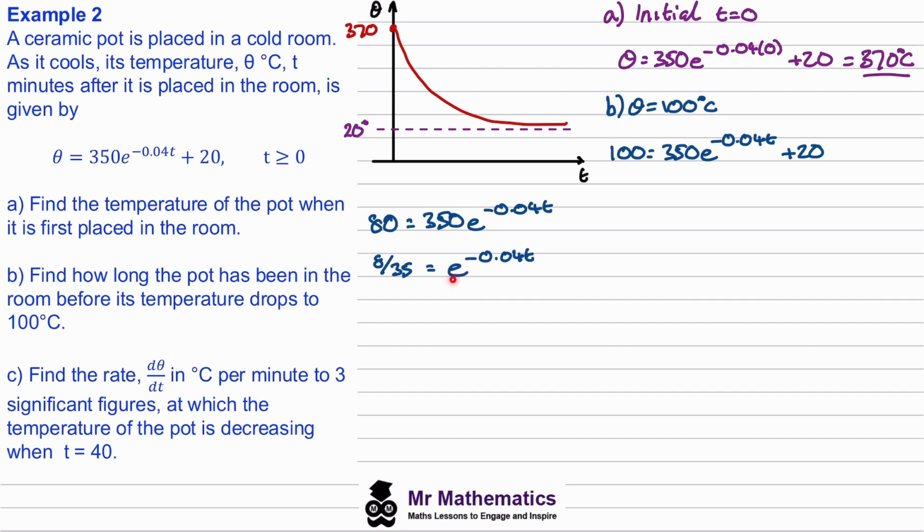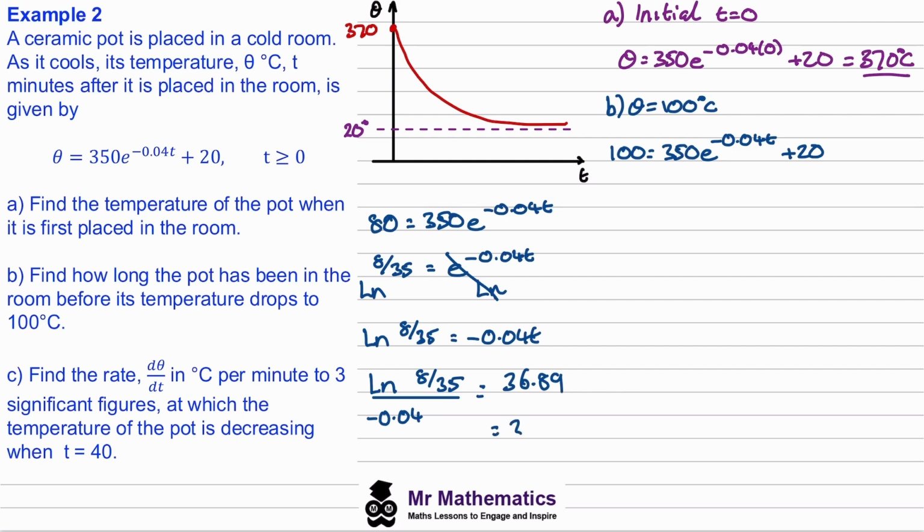So now we need to cancel out this e, so we'll take the natural log of both sides, and then these two will cancel. So the natural log of 8 over 35 will be negative 0.04t. And now we'll divide both sides by this decimal, and we'll get t is 36.89, which I'll round to 37 minutes.